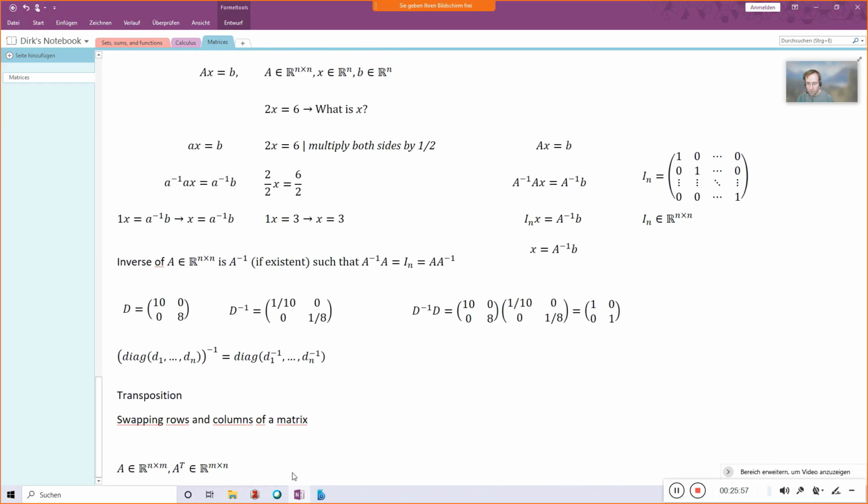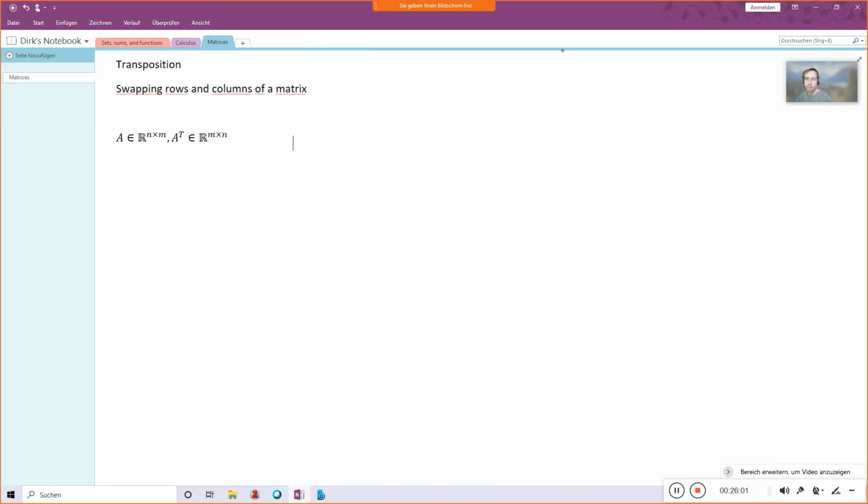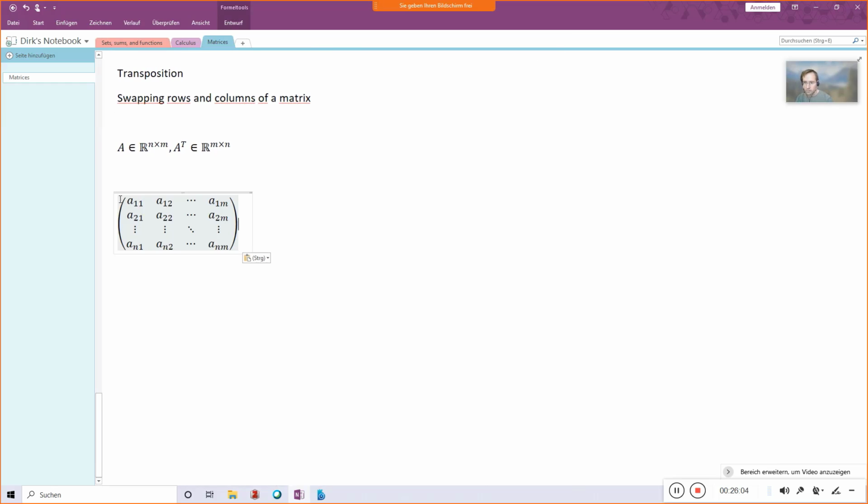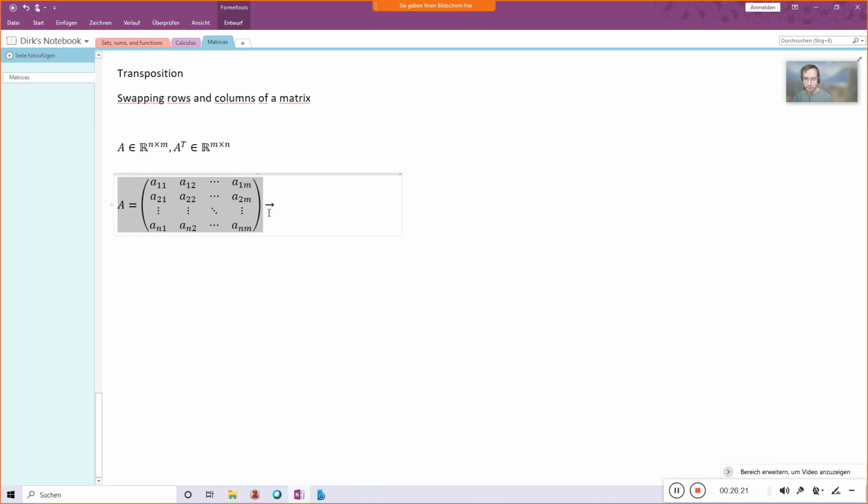So if this is A, then the transpose of A, let's do a little arrow here, has in its first row the elements in the first column of A, or, and that's equivalent, has in its first column the elements of the first row of A. So maybe let's go over columns in A transpose.